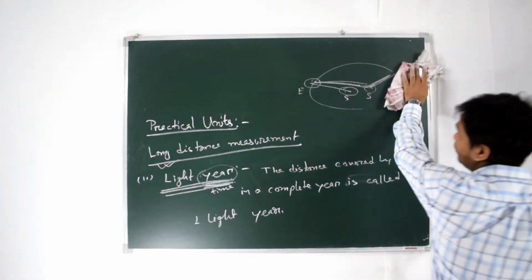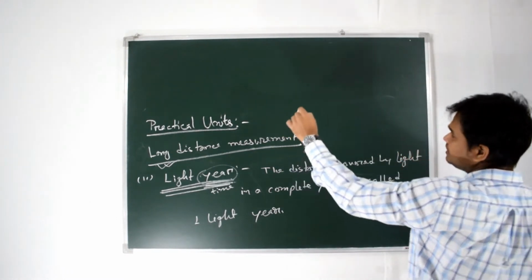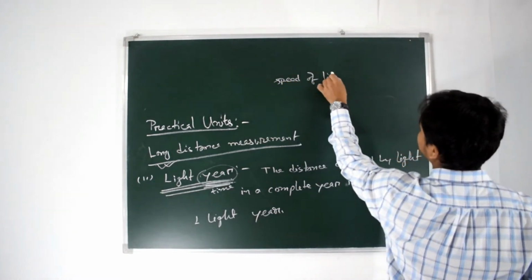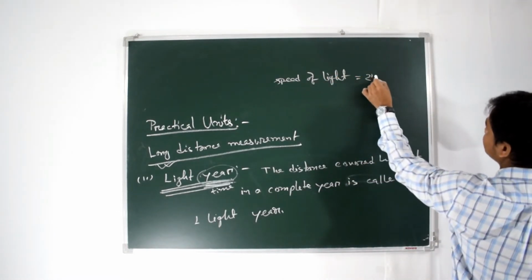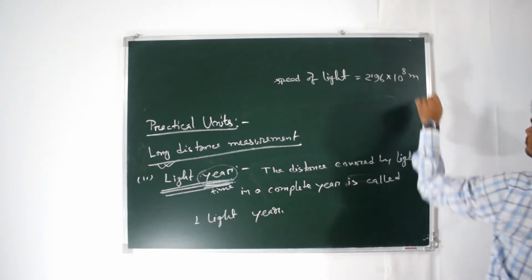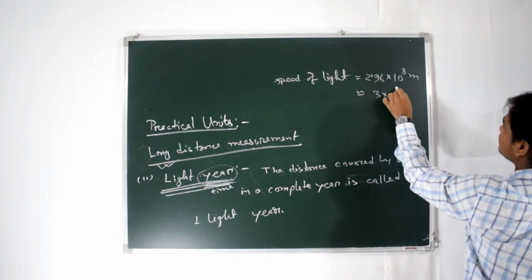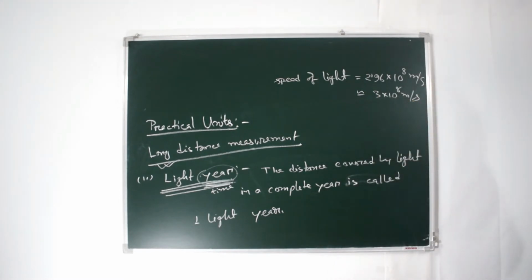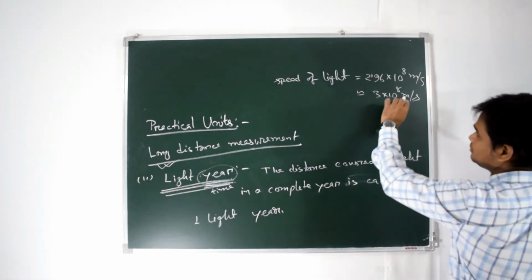So what is the speed of light? We know, in class 10 we have already studied, that the speed of light is 2.96 into 10 to the power 8 meter per second, or approximately 3 into 10 to the power 8 meter per second. That is the speed.